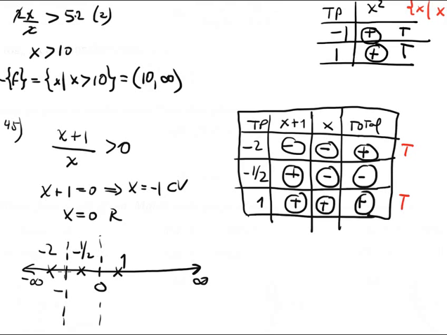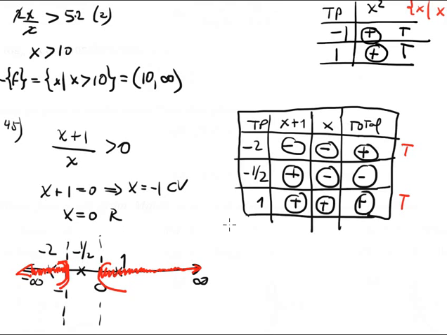That is this part, and also this part. And of course, do not include the restriction, parenthesis, and yes, include the critical value. No, do not include it, because it's not equal here.